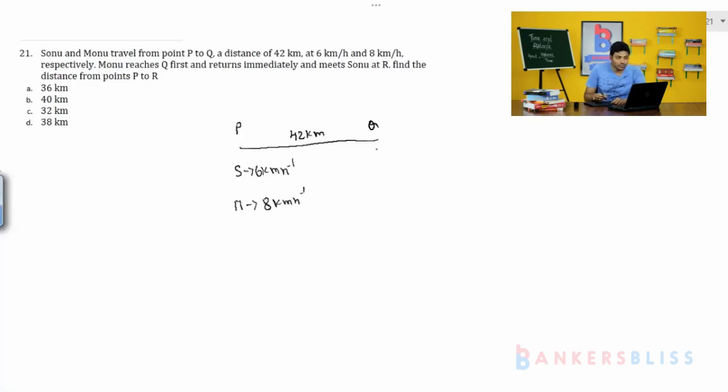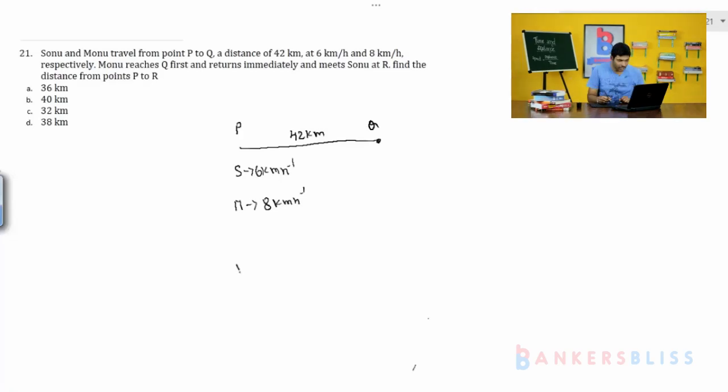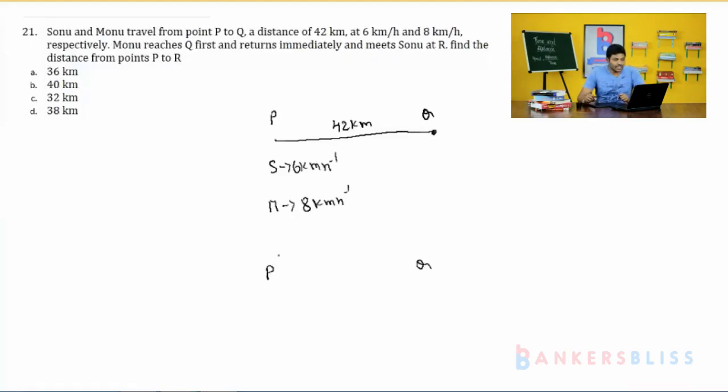Okay. First, Monu is going to reach Q. This problem we can solve with the help of the concept that speed is directly proportional to distance. Now, see here, P and Q, the distance between these two is 42.